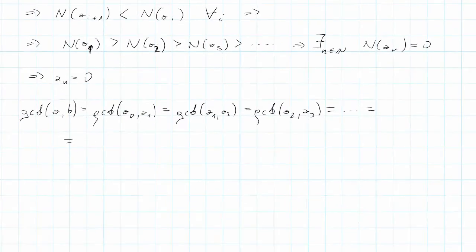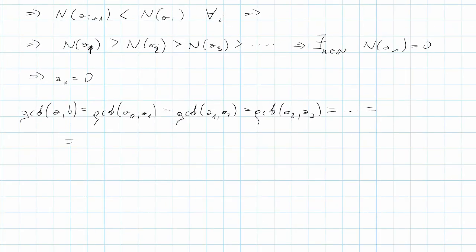Finally, we'll arrive at the greatest common divisor of A_{n-2}, A_{n-1}. This will be the greatest common divisor of A_{n-1}, A_n. But now we know that A_n is 0.